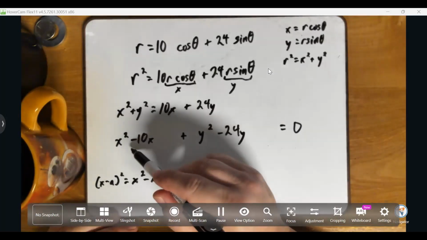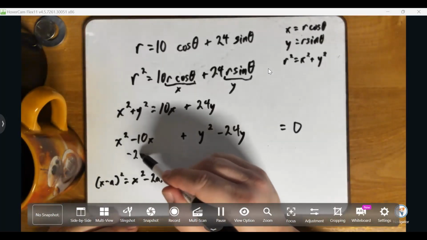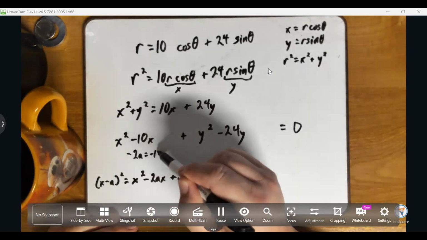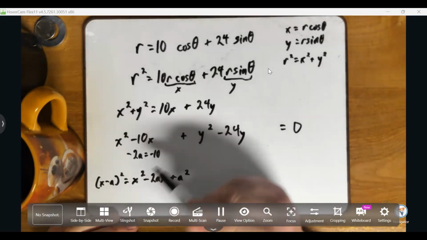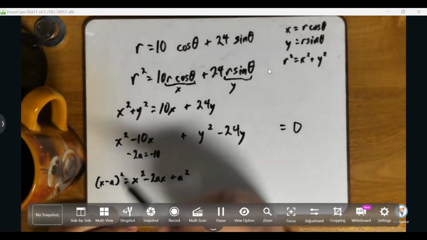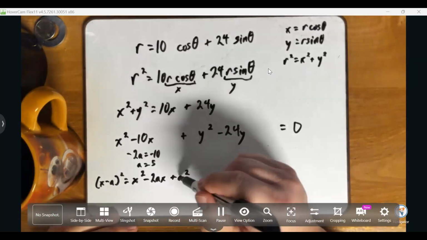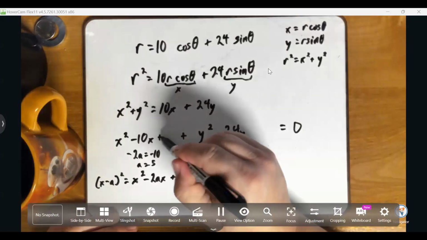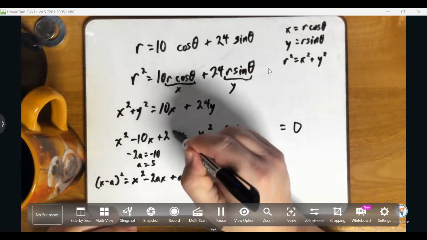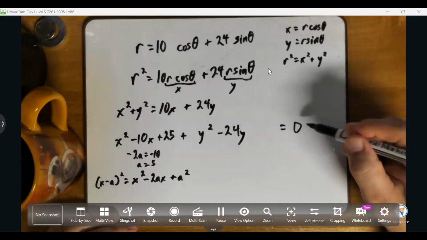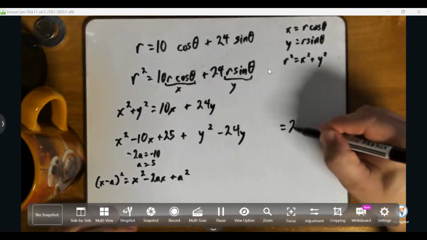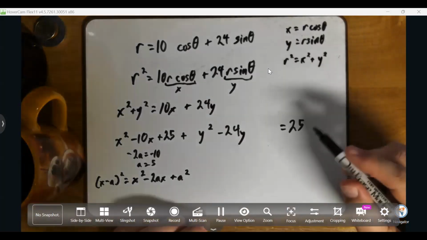But we notice that minus 2a is going to be minus 10, since those coefficients would have to be the same. So a is 5, and if I add 5 squared, that's 25. Well, I've got to do that over here too, so I'm going to add 25 over here.